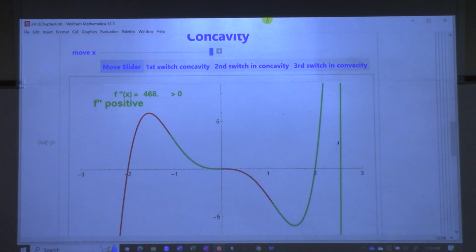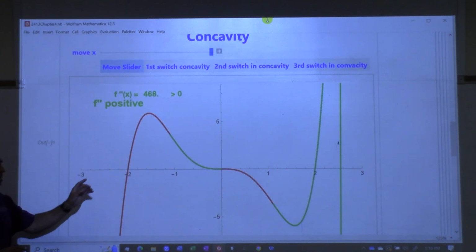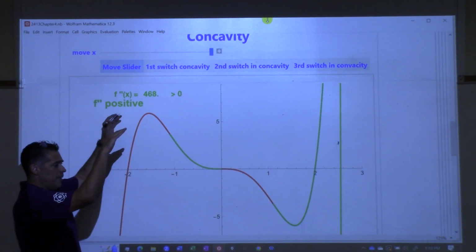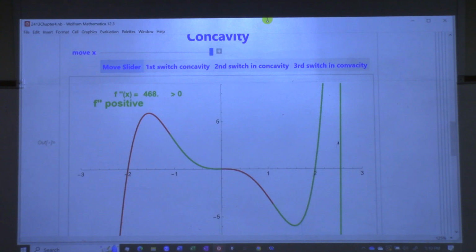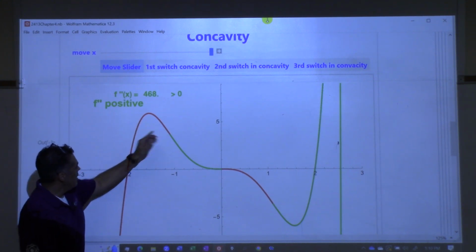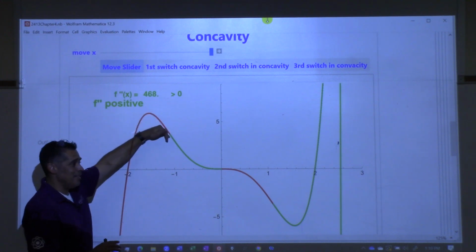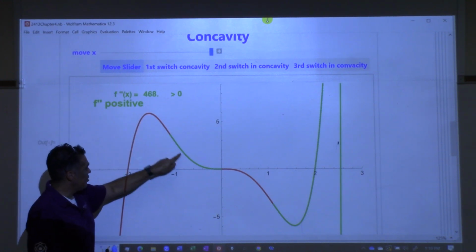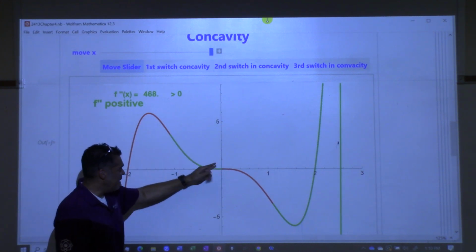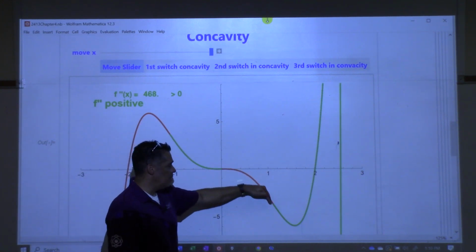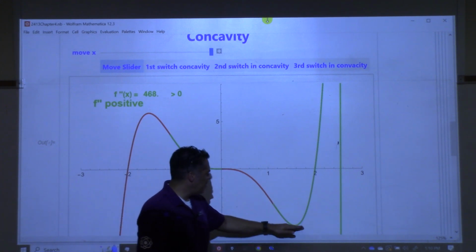Going off of last class, where a function increases and decreases, do you see that this green and red does not represent that? Where it's red, the function is actually increasing and also decreasing. In the green, it looks like it's decreasing, but so is the red. And in this green, it decreases and increases.